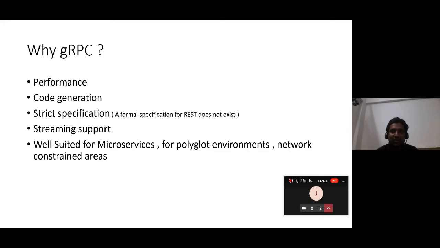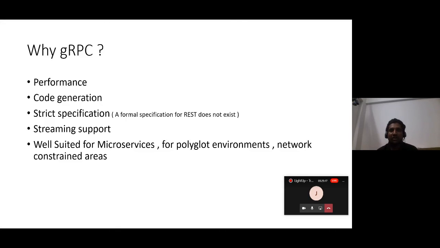Next is the streaming support. We have client-side streaming, server-side streaming, and bidirectional streaming, which are not possible with traditional REST. gRPC is well suited for microservices and polyglot environments, and again, being more lightweight than a REST response, it can be the alternative to REST in network-constrained areas.